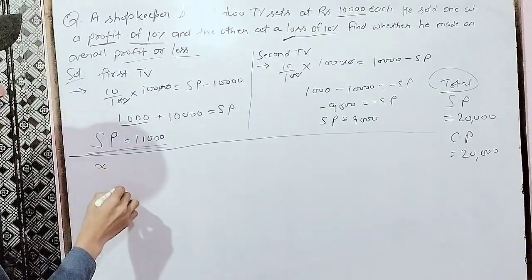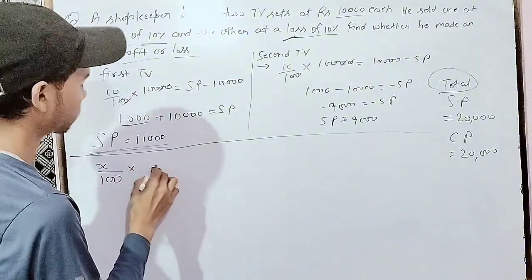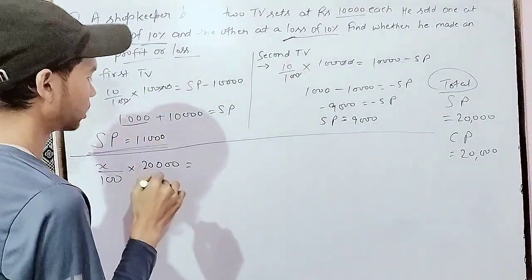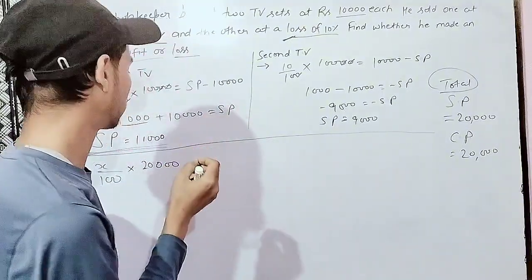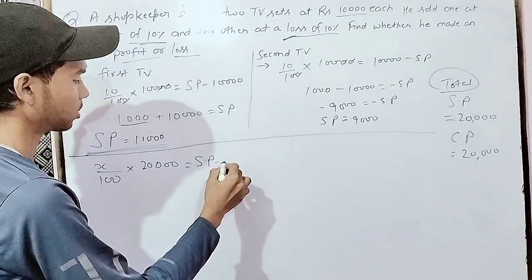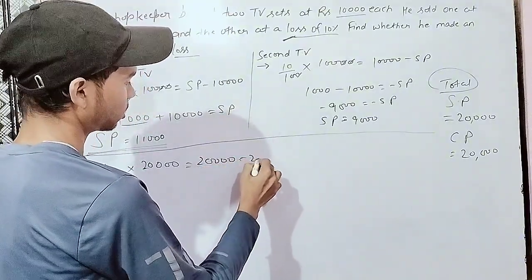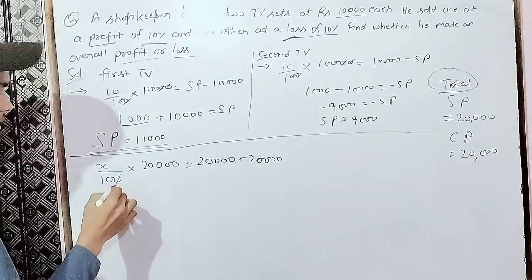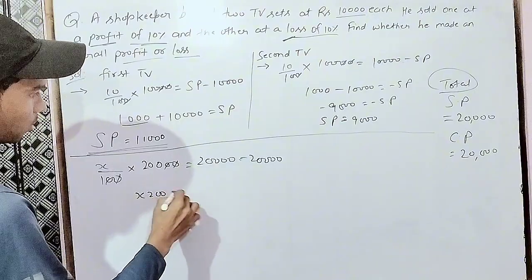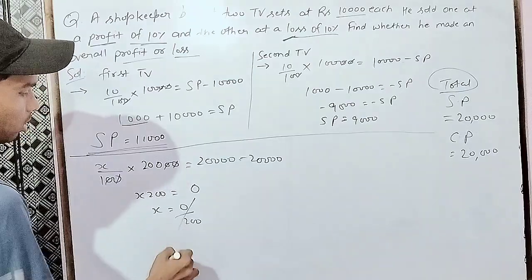So for profit, the selling price is 20,000, again 20,000, so this would be 0.